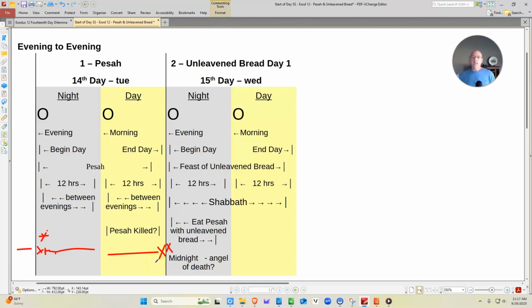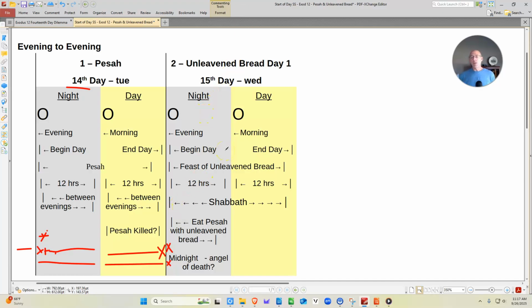And if that's the case, and if we didn't kill the lamb immediately on the 14th and didn't eat the lamb that night, the very first part of the 14th, then really we have nothing happening these nighttime hours of the 14th, and we have nothing happening during the daylight hours of the 14th, and we are killing the lamb at evening, at the beginning of, or twilight, either one, of the 15th.